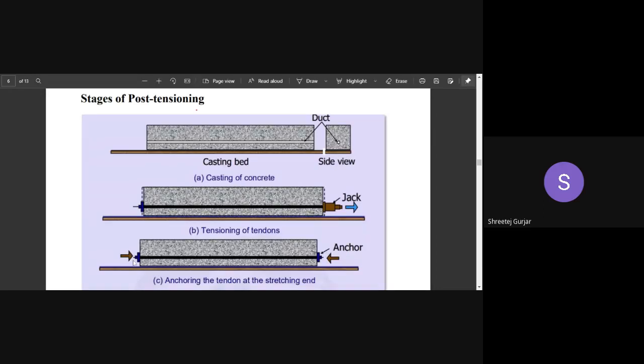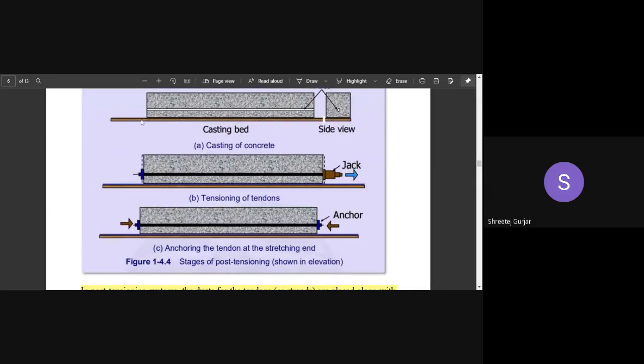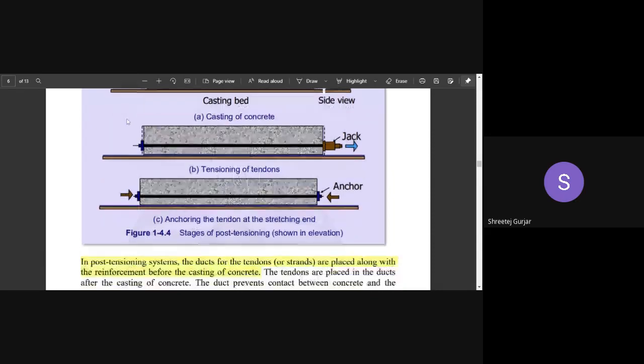These are the stages of post-tensioning which I have explained briefly. You need a casting bed, jacks, anchors, and formwork for your concrete placing. These are a few requirements and devices which you require for post-tensioning.